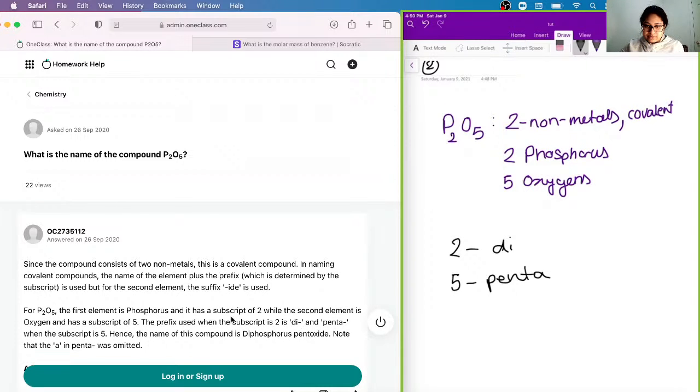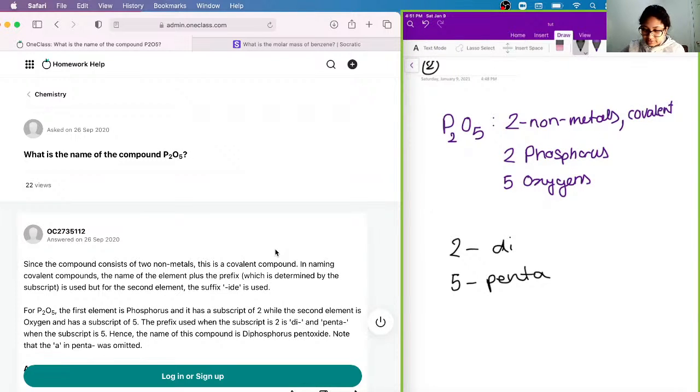The suffix would be used at the end of penta.